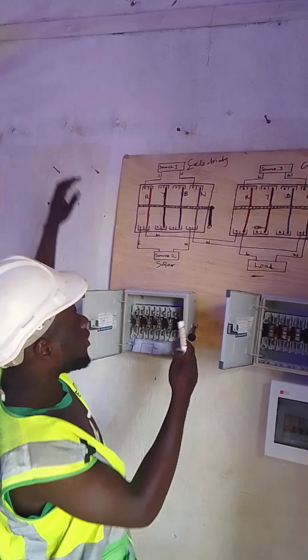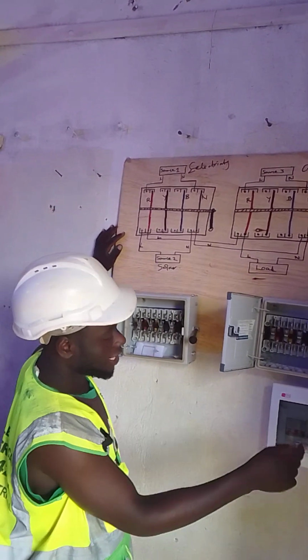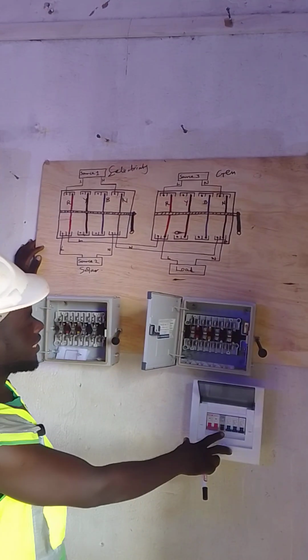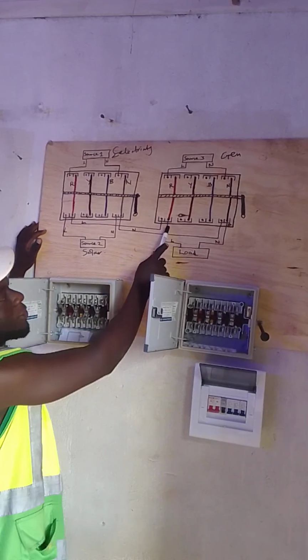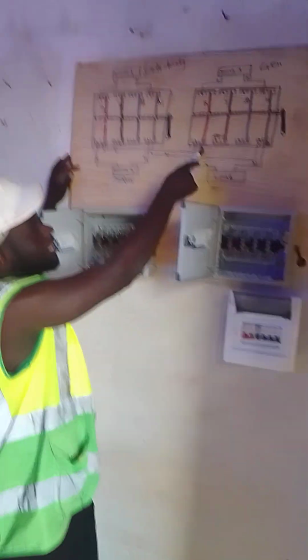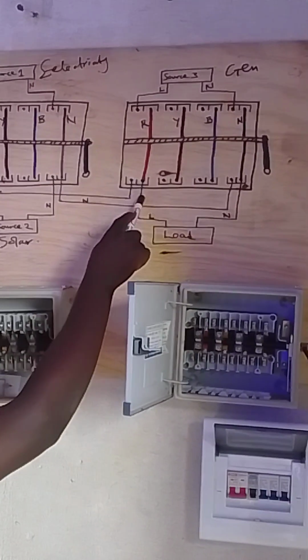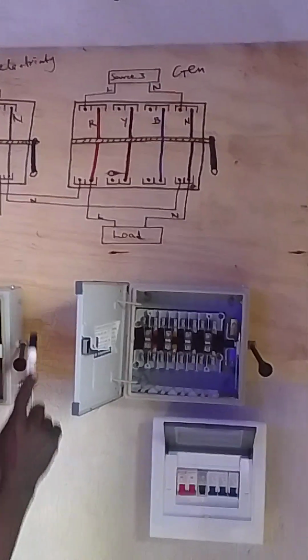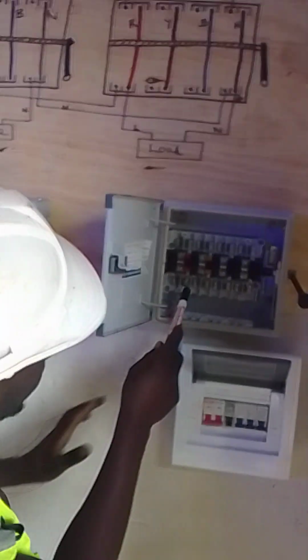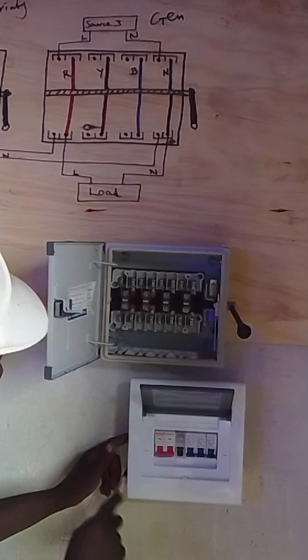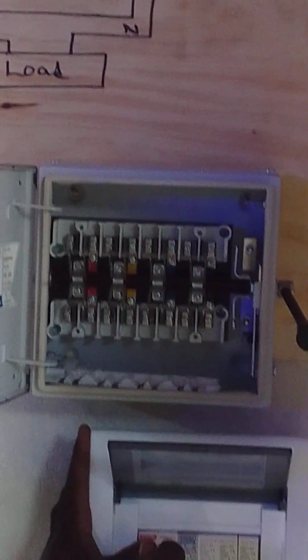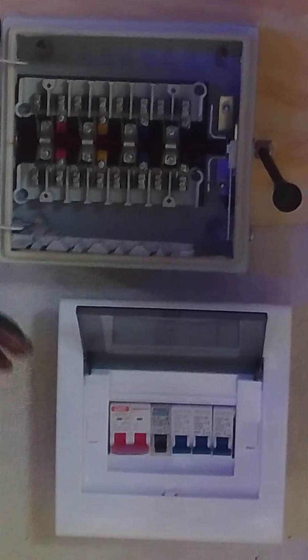Your load, which is the consumer unit, you are going to pick the supply from the output terminal, just straight to the main panel here. Just fix it down to the consumer unit as well. The neutral also will come. Then you just apply your load in the house now.